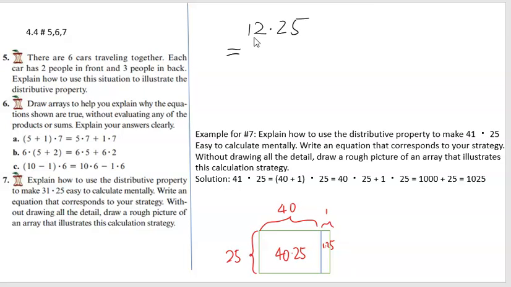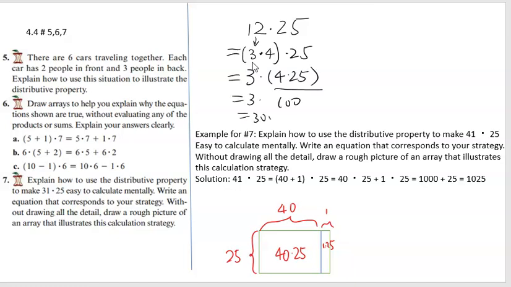In that example, we did not use the distributive property. We used the associative property because we can write 12 as 3 times 4. And then we can move the parentheses from 3 times 4 to 4 times 25. And that is turned into 100.